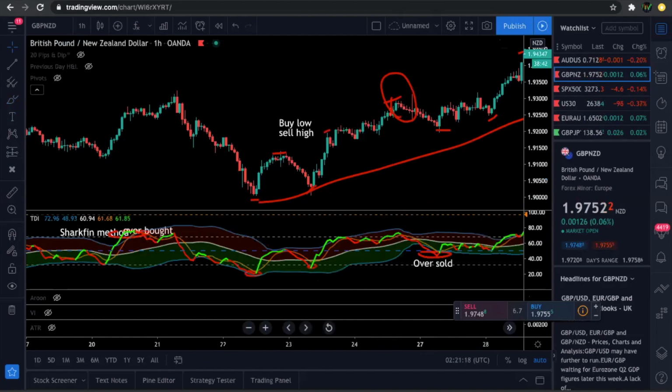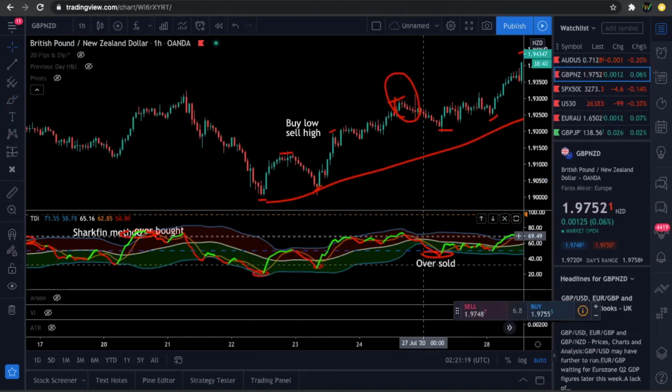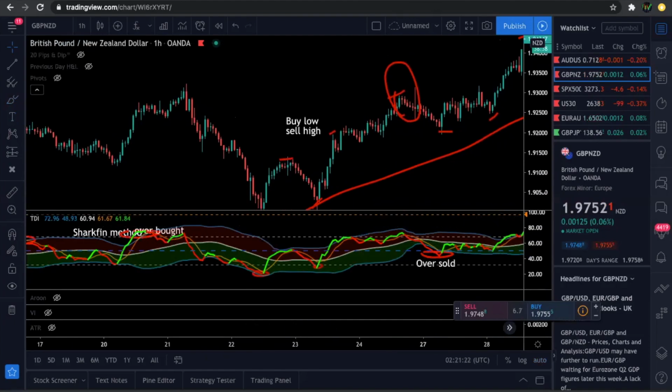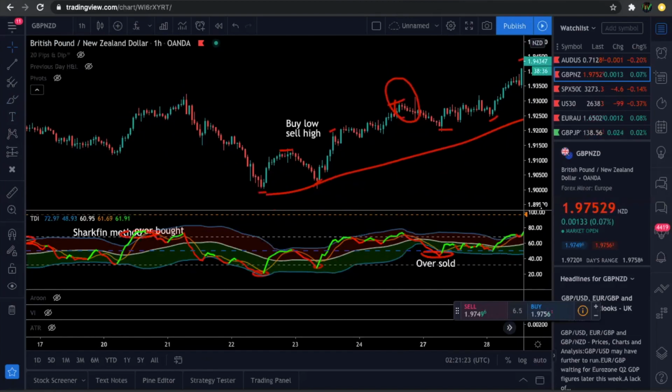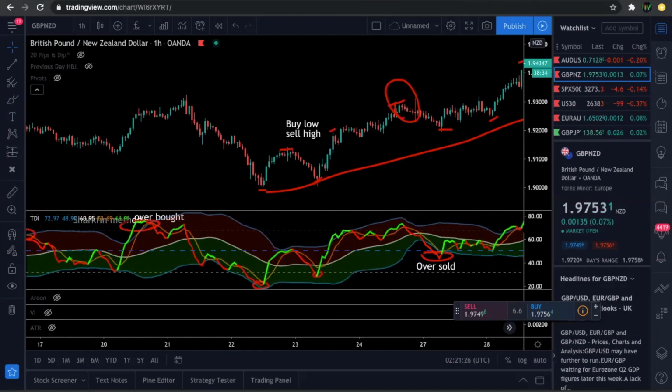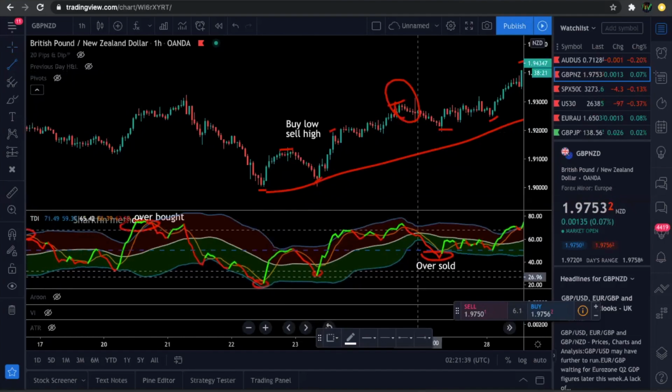So now look at this, guys. Exactly where I'm marked up, you see where I circled this? These are lows, okay? And not only was it a low, but you can see the momentum going up.